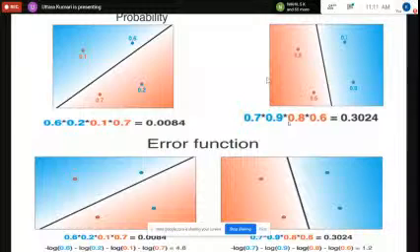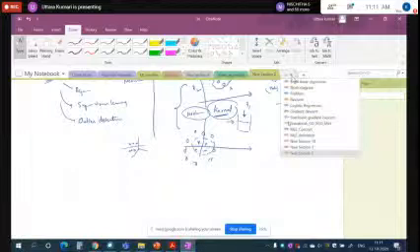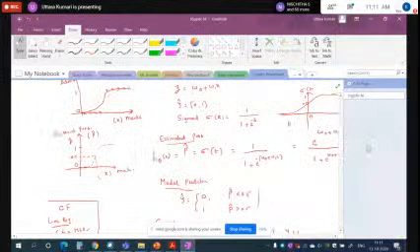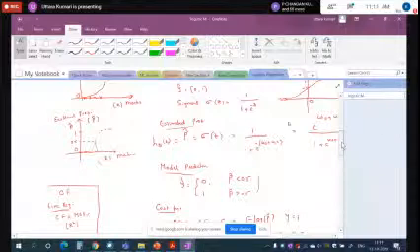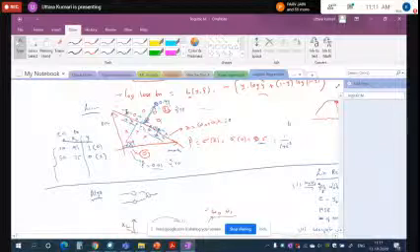If you remember in one of my earlier classes on the logistic function, if this is the line, what is the probability from this line? The points nearer to the line have lower probability, and the points away from it have higher probability.